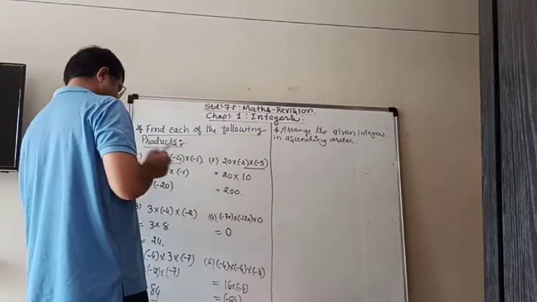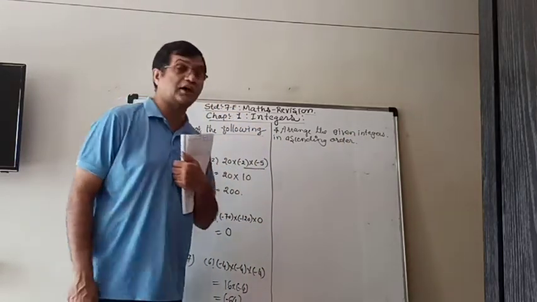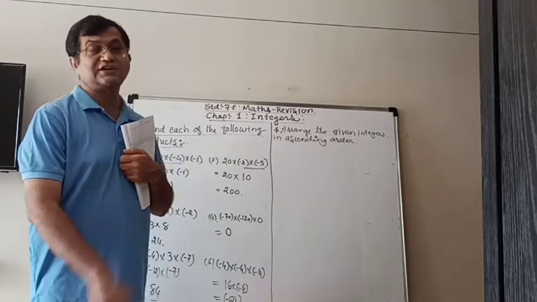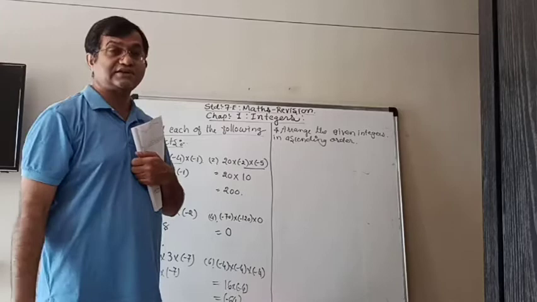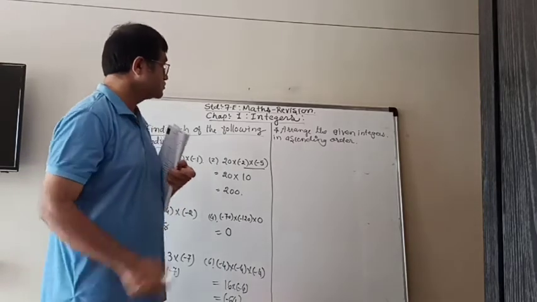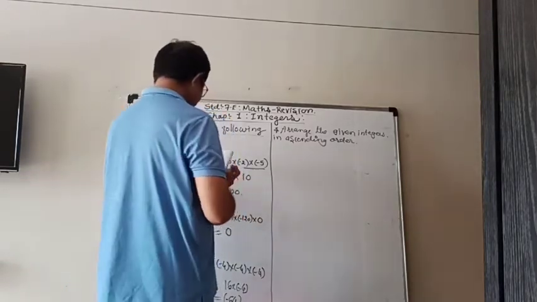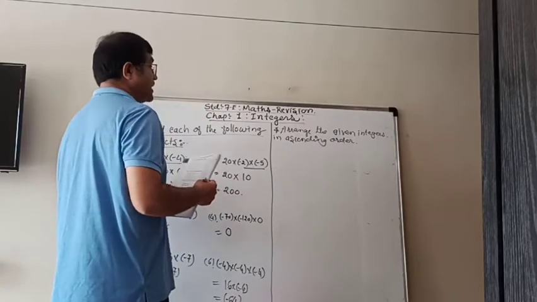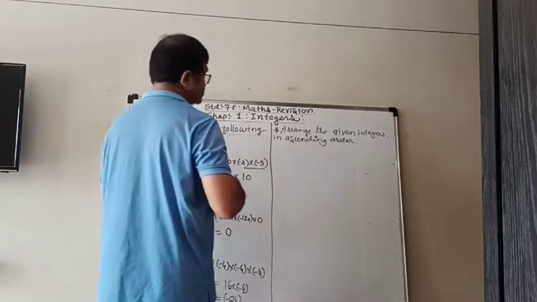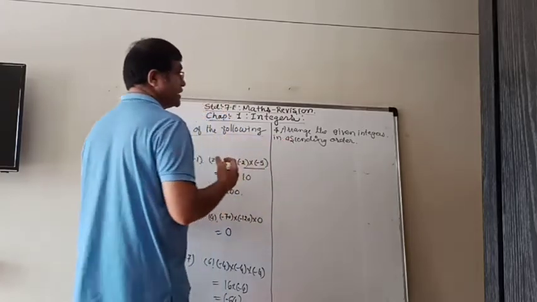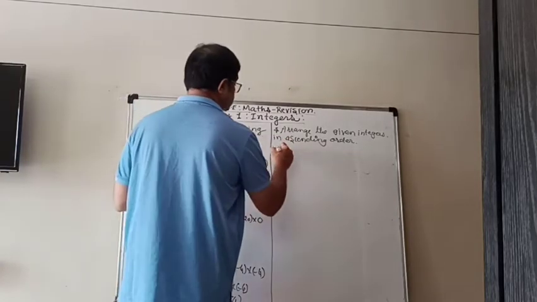Ascending order, you know that means we have to start from the smallest number, then greater, and then greatest number. So it will be jumbled, not in the ascending order. So we have to think which is the smallest number and then we have to arrange them.